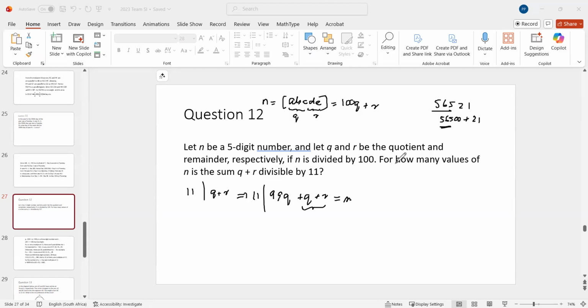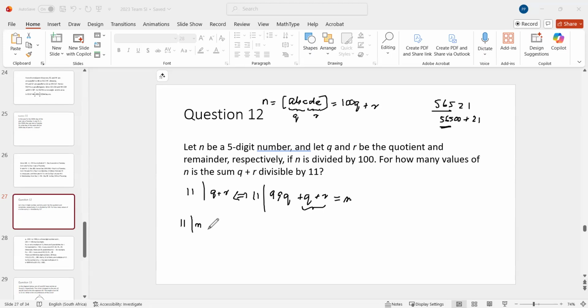So we want to know, for how many values of n is 11 a factor of n? See? This works both ways. If 11 is a factor of n, then when I subtract a multiple of 99 like this, it still works. That arrow can go both ways. But this is your n. So 11 divides n.